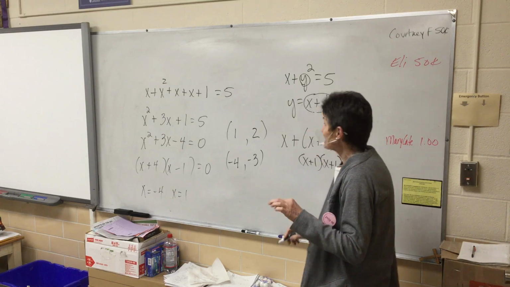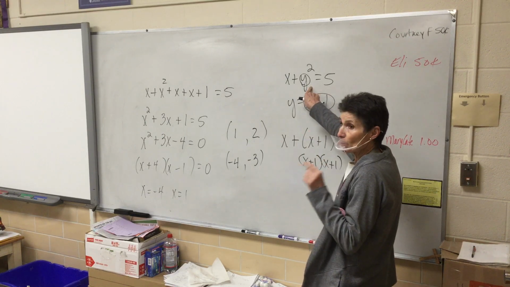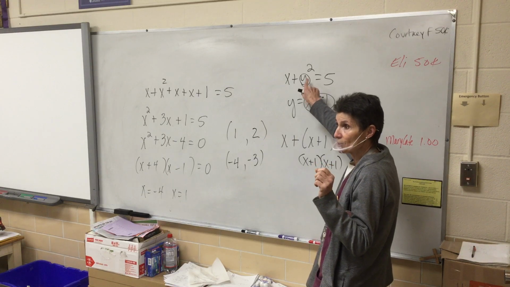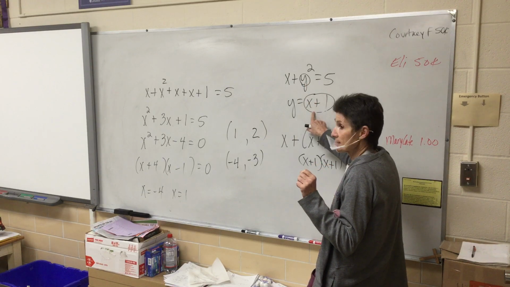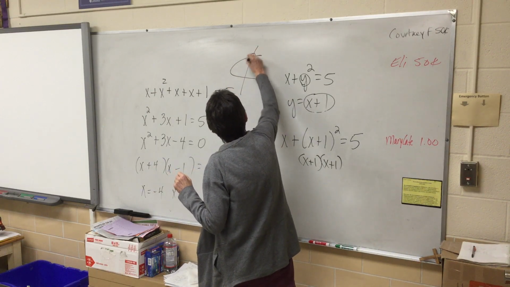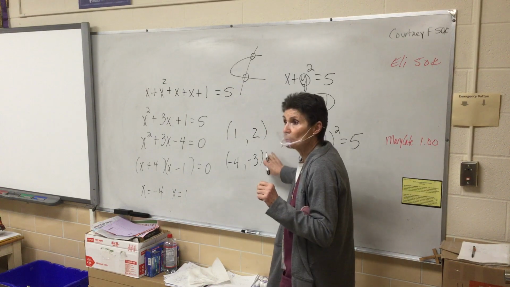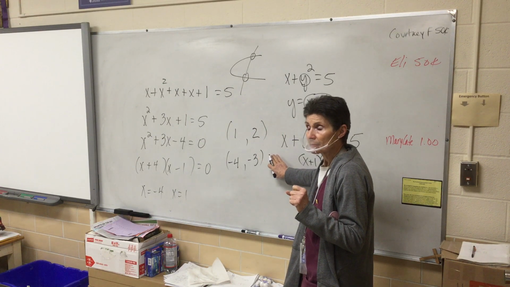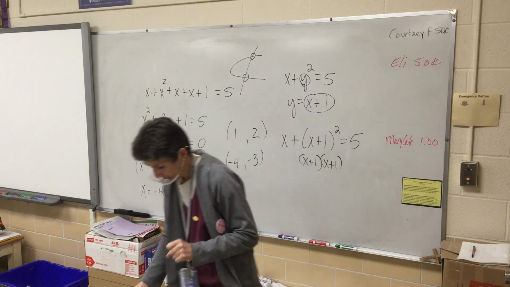So what that means this time is, that's a parabola. Squares are parabolas. Remember your squaring function? That's a parabola. And this is a line. So we have a parabola and a line. Does it make sense that we get two places where they cross each other? Yeah, that makes sense.